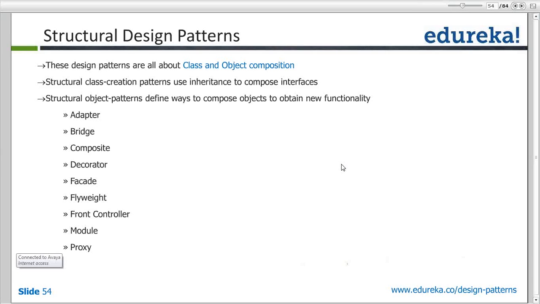And in here we will be talking about adapter, bridge, composite, decorator, facade, flyweight, front controller, module, and a proxy pattern. Remember that there is a specific characteristic of a structural pattern. A structural design pattern will always know about all its entities at design time.